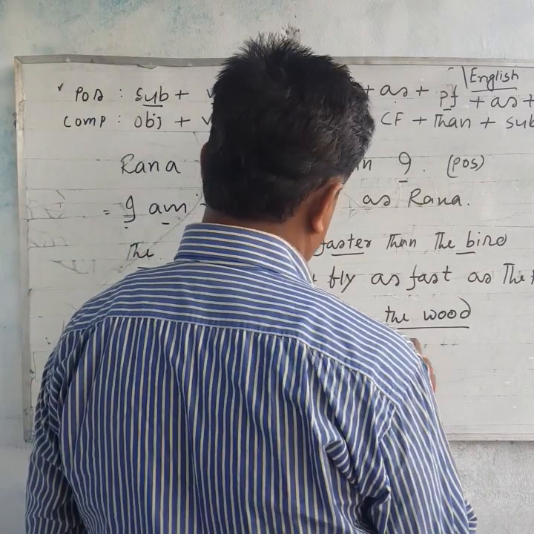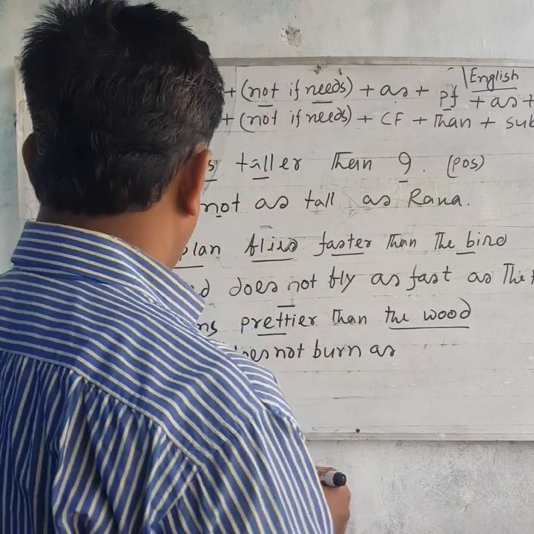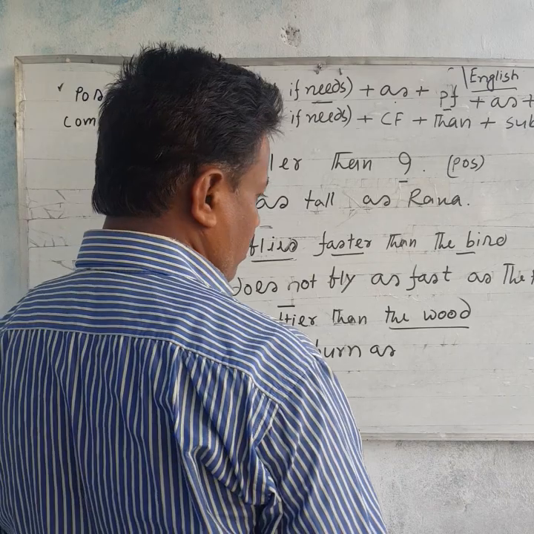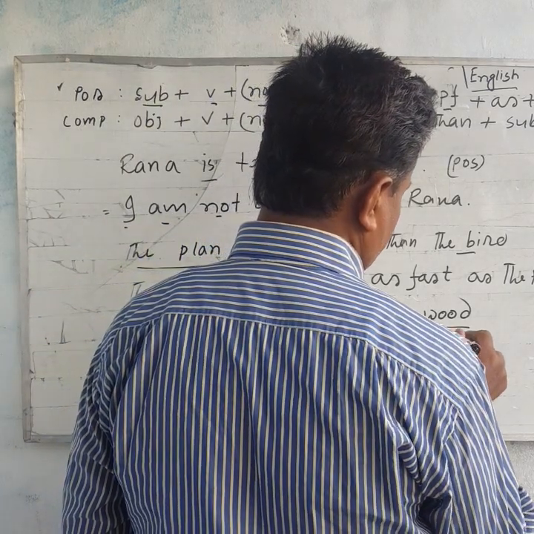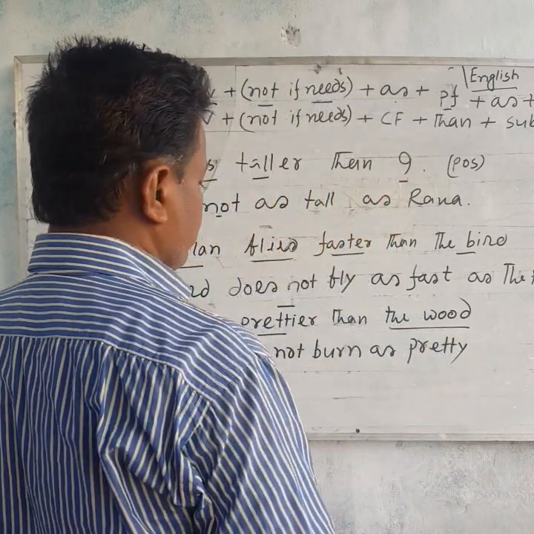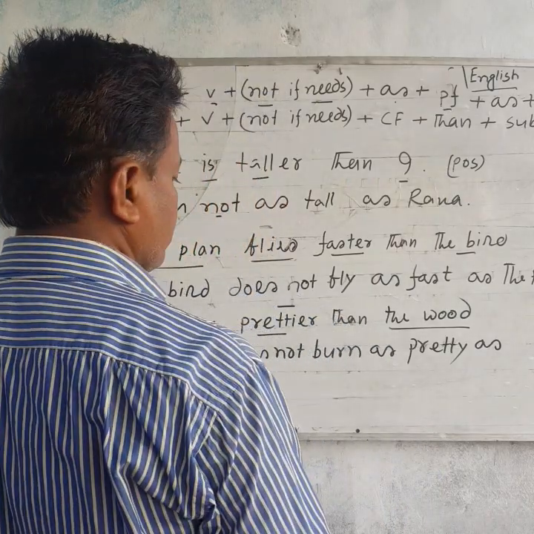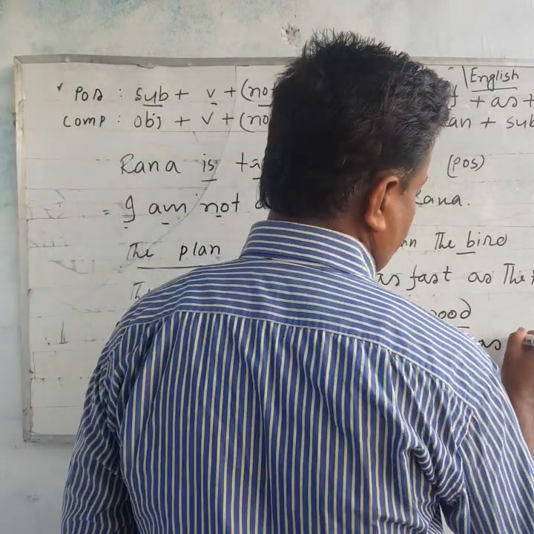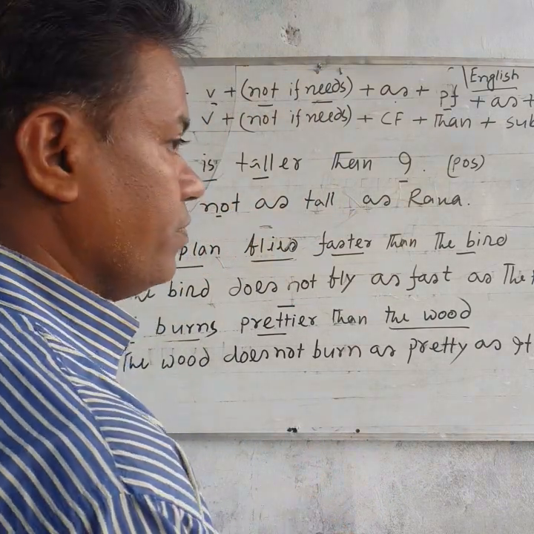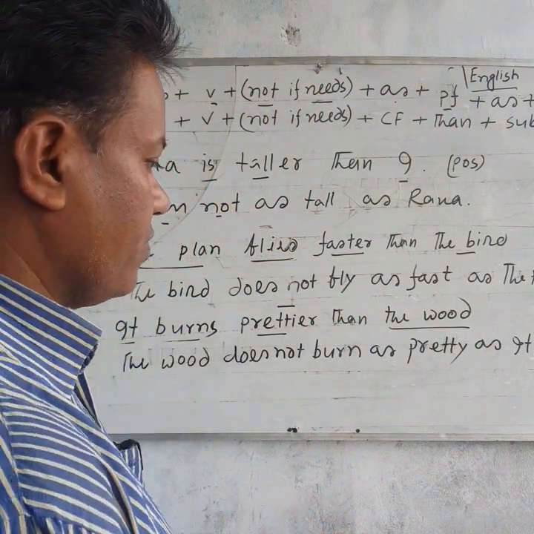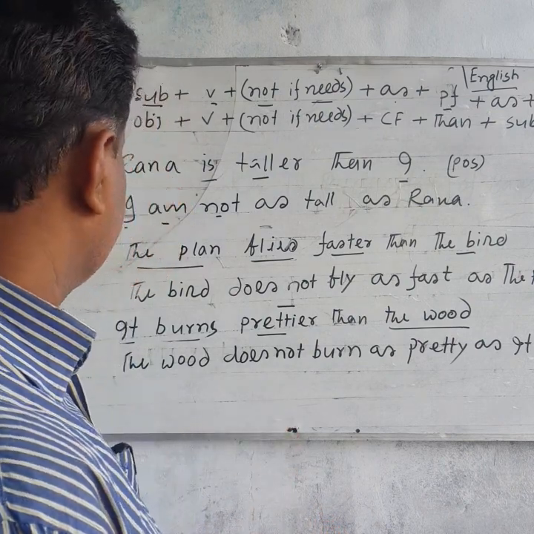As for pretty, prettier, the positive form will be pretty. As pretty as it. So this sentence has been completed.